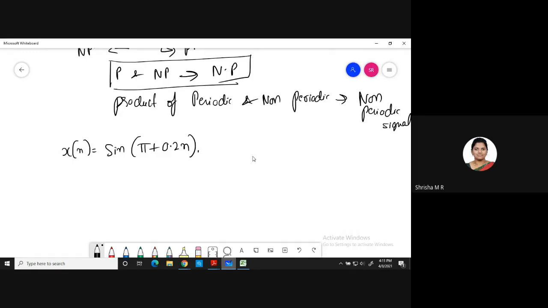So in this function, you have a phase shift of pi. It is of the form sine omega t plus phi. Correct? So what you do is, you can ignore this phi and go ahead and find omega. So what is omega? It's 0.2.